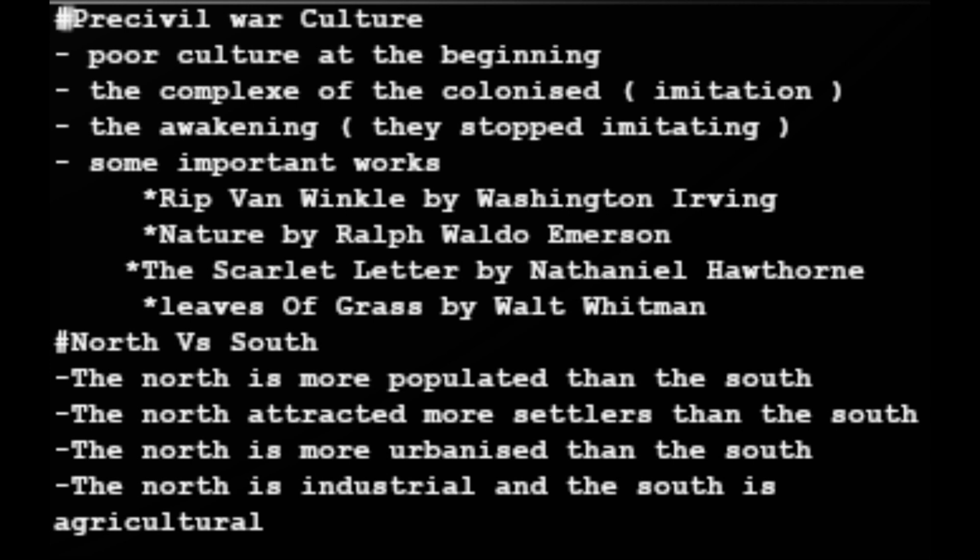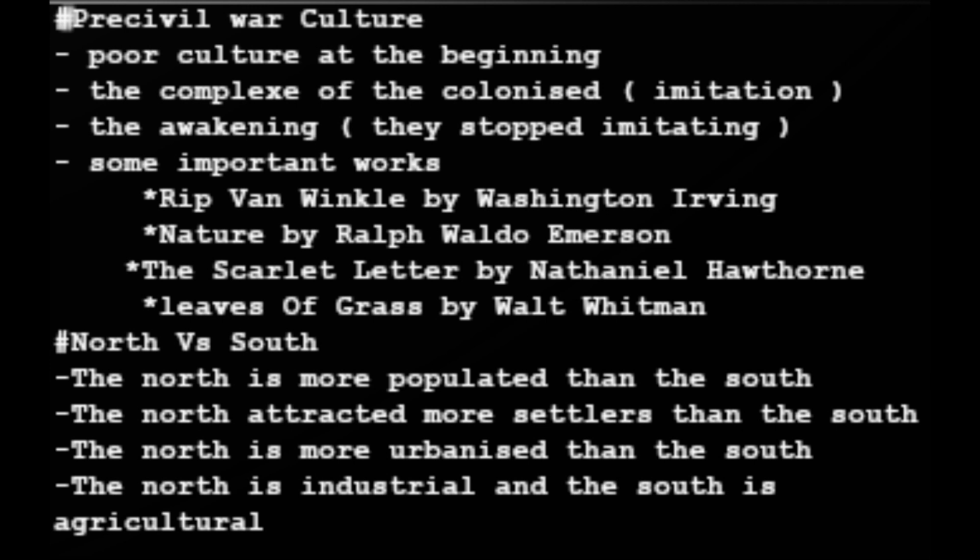Now we move to the differences between the North and the South. You should know that the North is more populated than the South, and the North attracted more settlers. The North is also more urbanized, because there was industry in the North, and in the South we had agriculture.